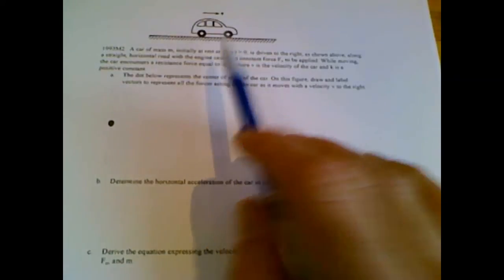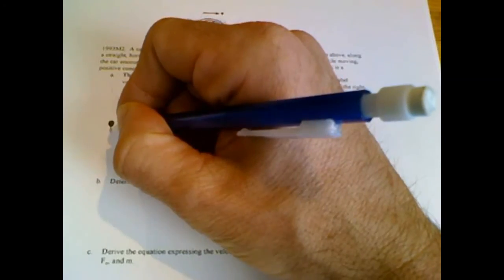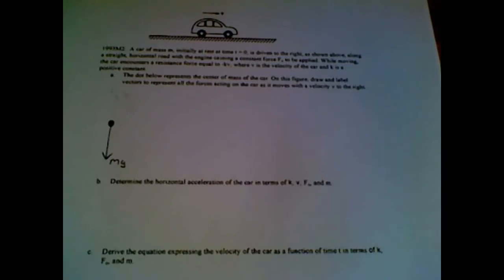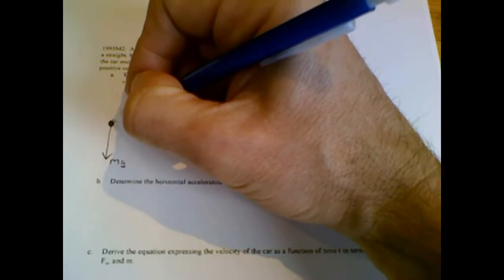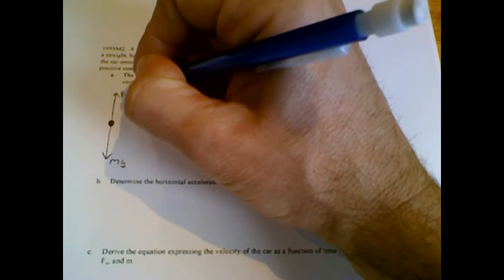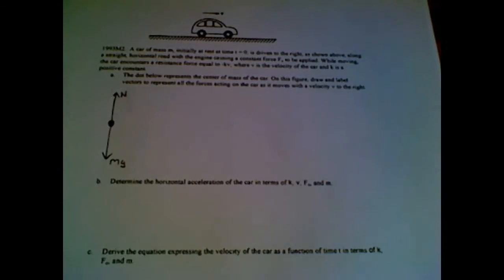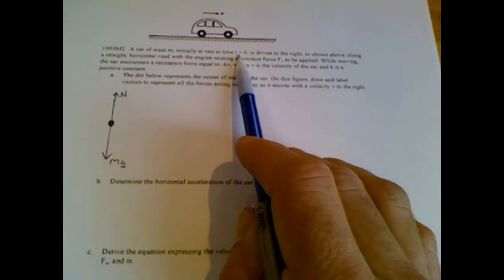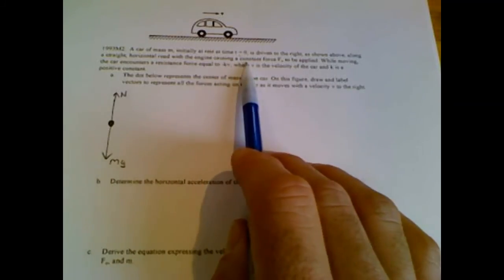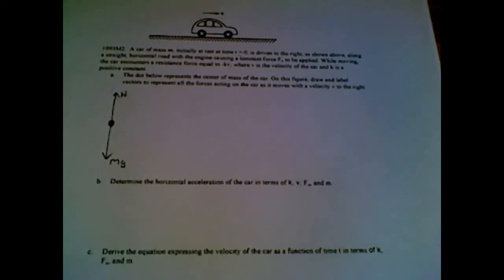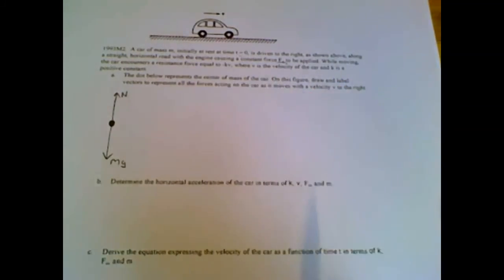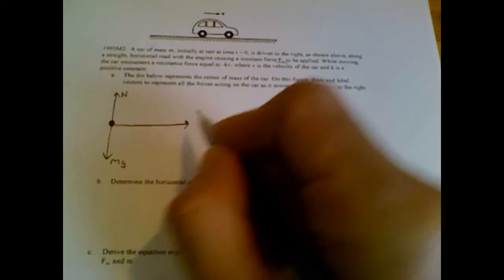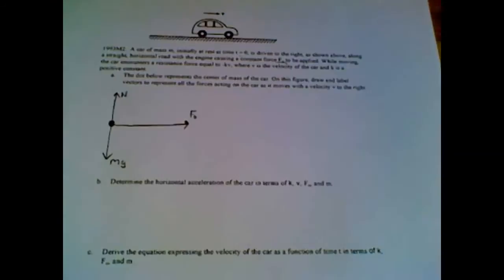Well, we see the car sitting on the road, so right away you hopefully recognize we have the force due to gravity that I'm going to label mg, and as always we have a normal force N. Now, two other keys in this question are that it started from rest and there's some driving force, which implies there's going to be an acceleration. And that driving force is labeled as F naught.